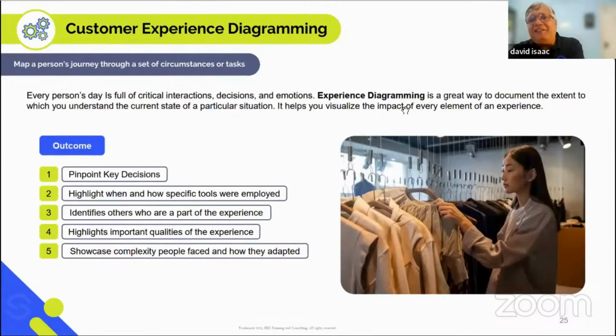So one technique that is used is experience diagramming. It essentially helps you diagnose each step, each milestone in the way the customer experiences the product and the service you are providing, step by step as you go ahead. That helps you decode and visualize it in a graphical form and immediately draw insights. A very useful technique.